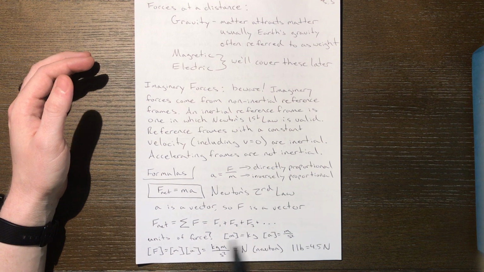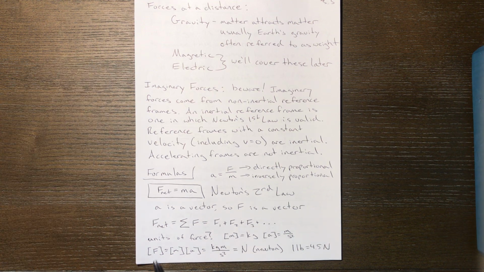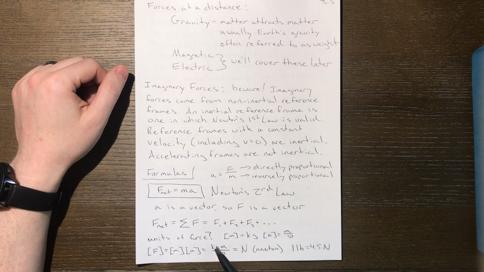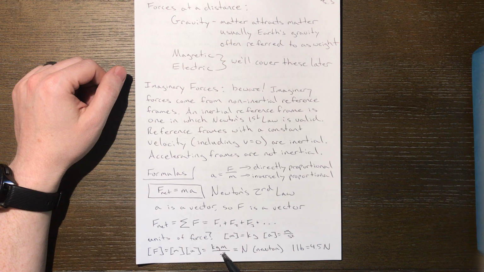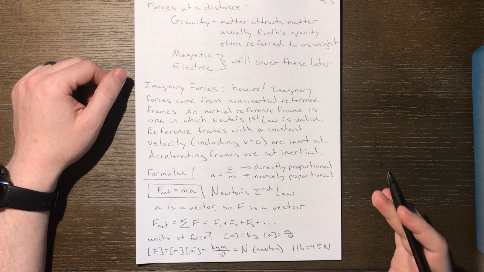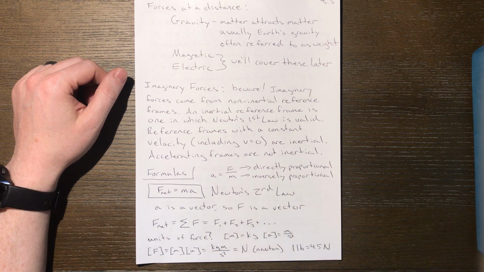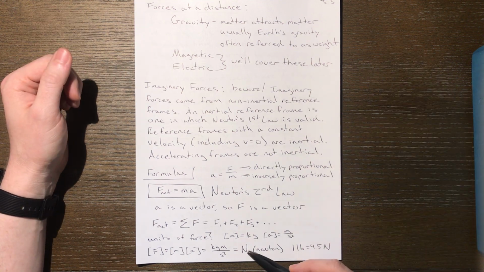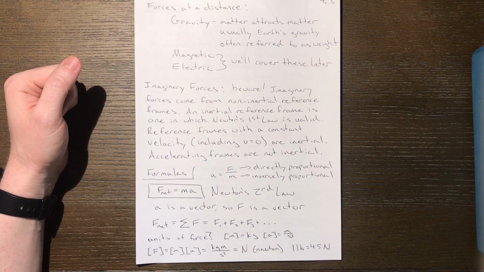So if we put this all together, the units of F should be the units of m times the units of A. That is kilogram times meter per second squared. Now that's kind of a mouthful, so we have a special derived unit, the Newton. 1 Newton is 1 kilogram meter per second squared.